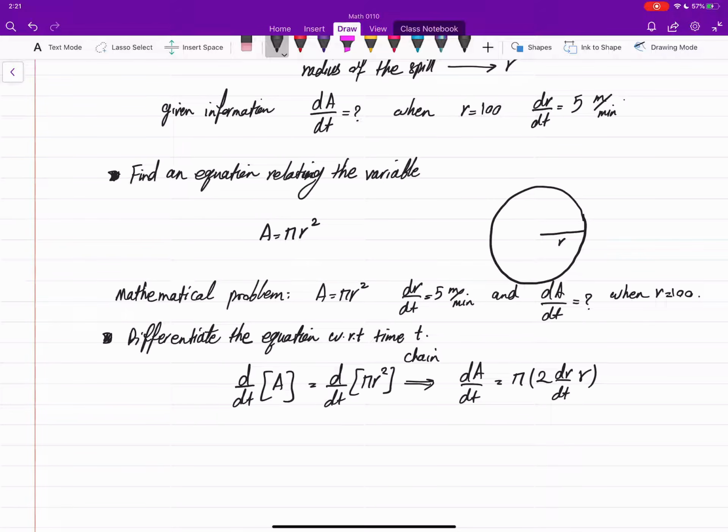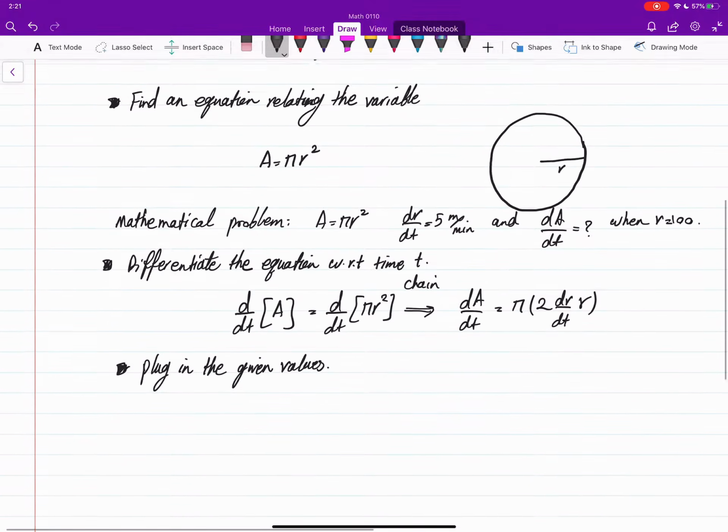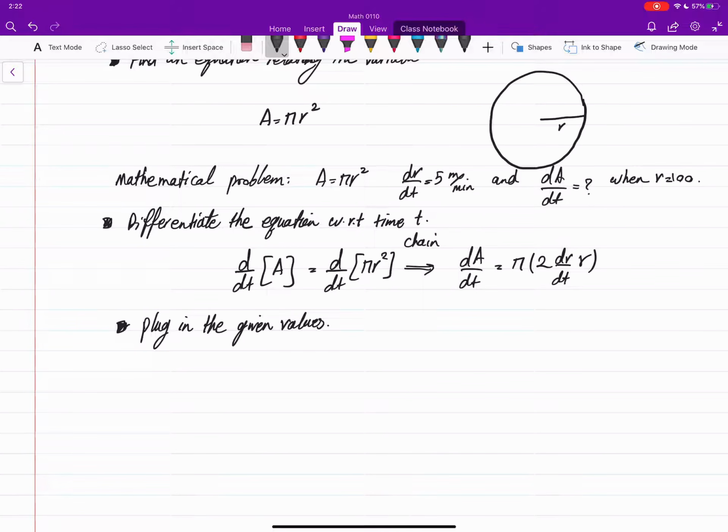We can now go ahead and plug in the given values. Everything is up there. We are looking for dA/dt, and this is 2 pi, dr/dt is 5, and r is 100.